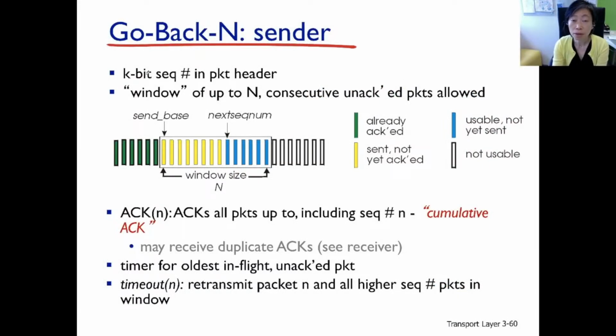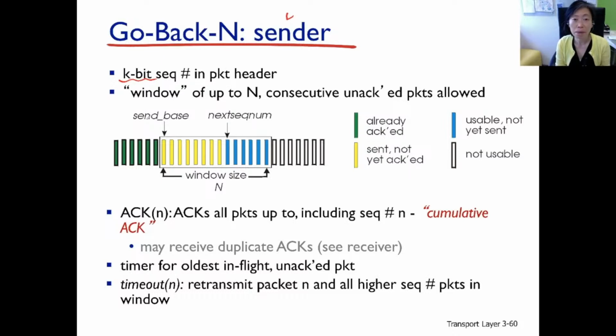Now let's look closer into the first category of the pipeline RDT, Go-Back-N. This is just the sender side, and we'll come to the receiver side in a couple of slides. First thing first, the packet sequence number in Go-Back-N. If you recall in RDT 3.0, we only allow one data packet to go out without being acknowledged, and in that case, we just need a one-bit sequence number to tell the old and new packets apart.